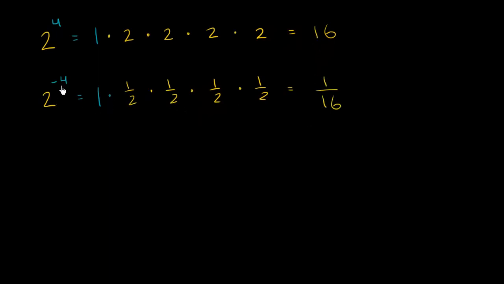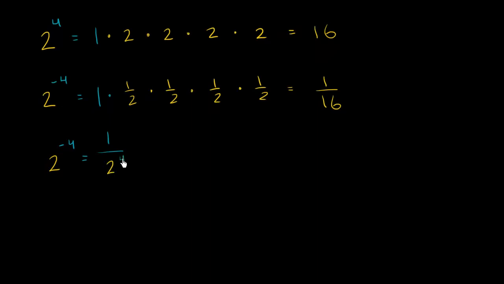If you're starting with the 1 and you're dividing by 2 4 times, you could also say that 2 to the negative 4 is the same thing as 1 over 2 to the 4th power.